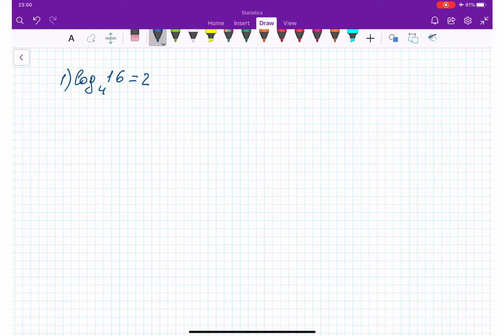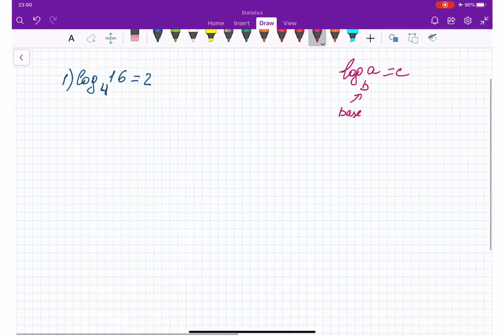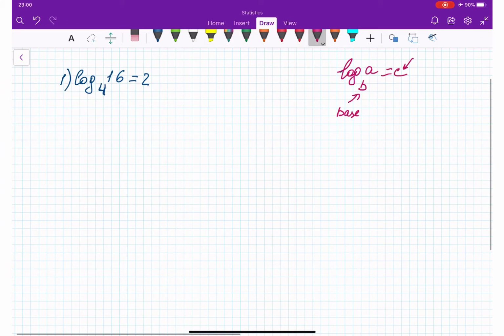To convert to exponential equation, we need to understand one thing: when we have logarithm a by base b is equal c, b is base, c is exponent.